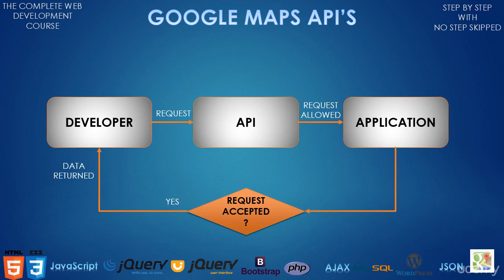Also, we'll see applications where we can use APIs to calculate the driving distance between two cities, or format an address, or get the postcode of a certain address. We will also cover applications where we can use the Google Maps APIs to search nearby locations.